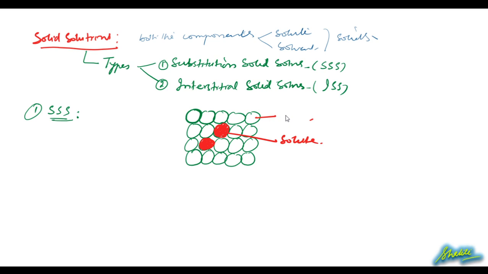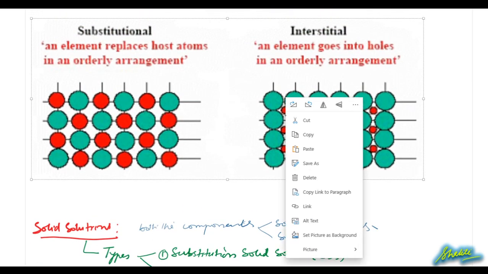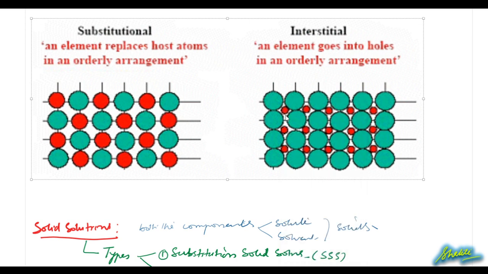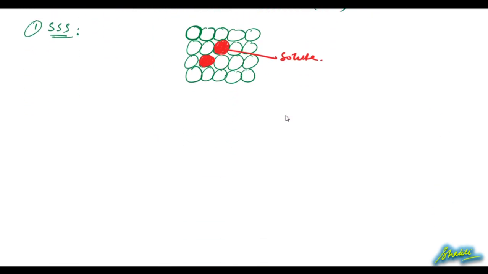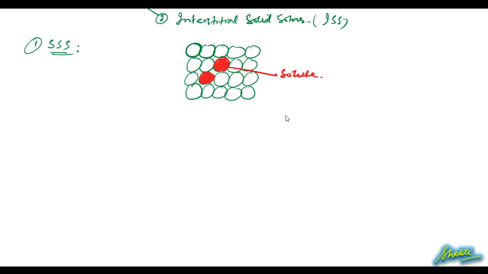Here you can see substitutional solids, where you can see that the red ones take the places of the blue ones. Or here we can see that this green part is solvent and the red part is solute.